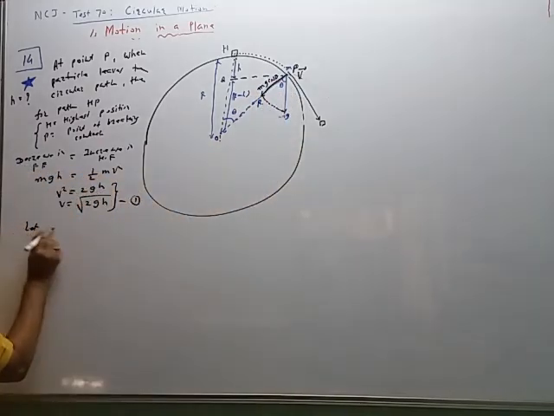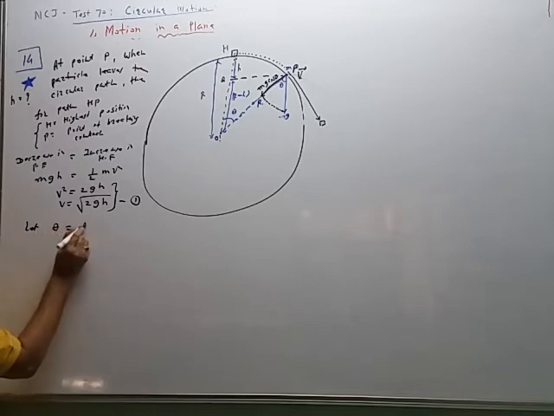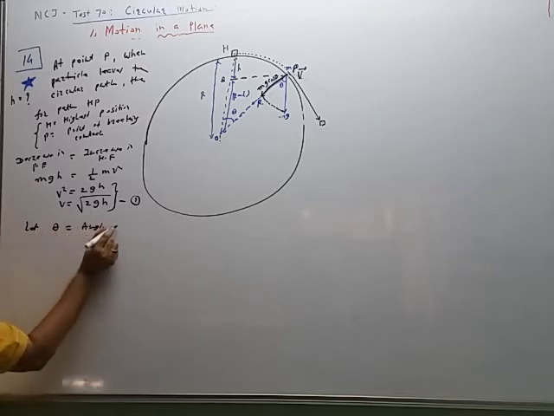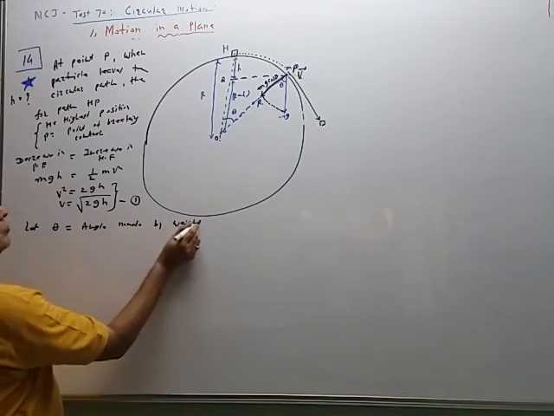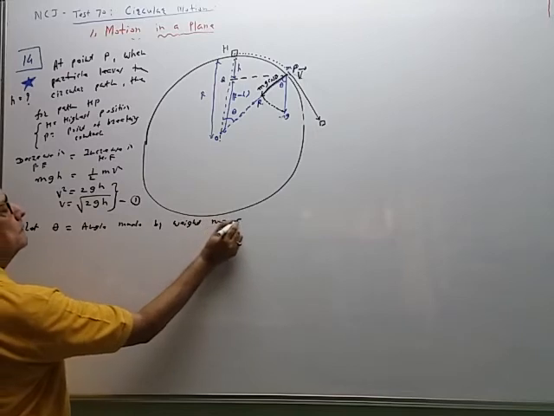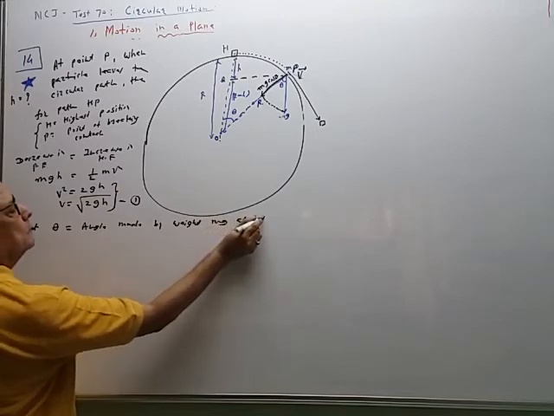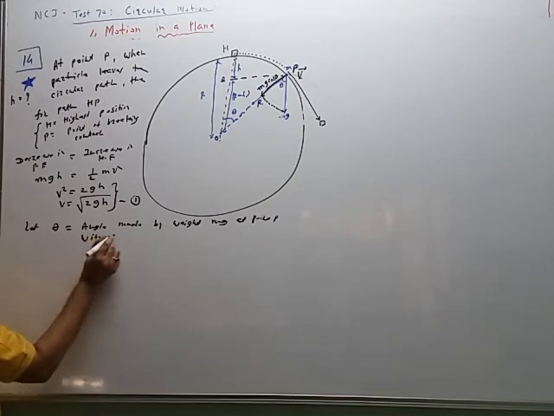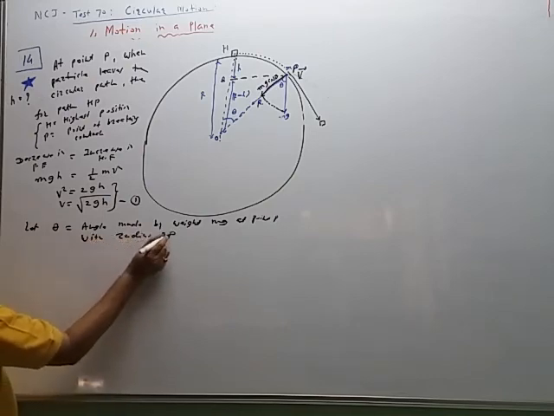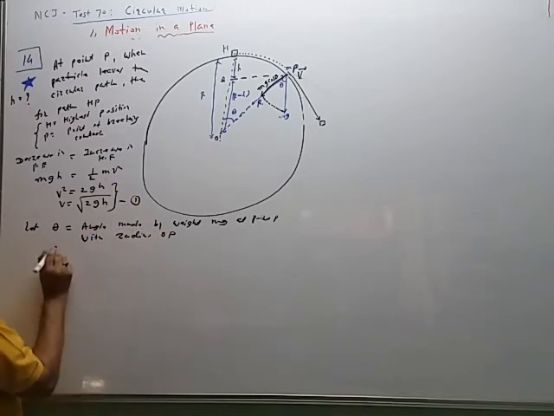Let theta be the angle made by weight mg at point P with radius OP as shown in the figure.